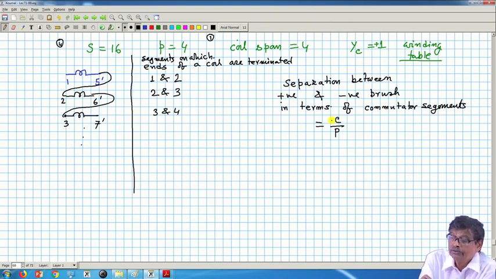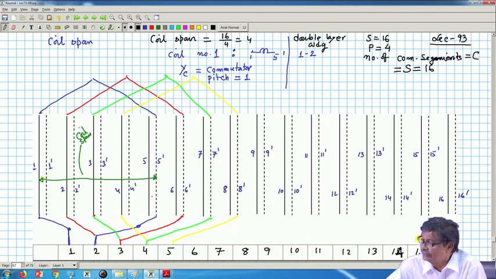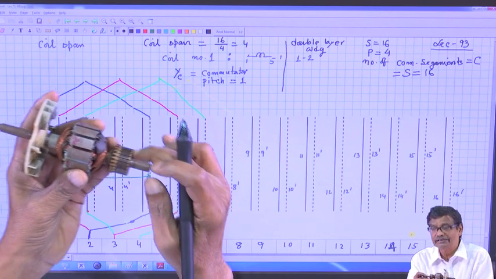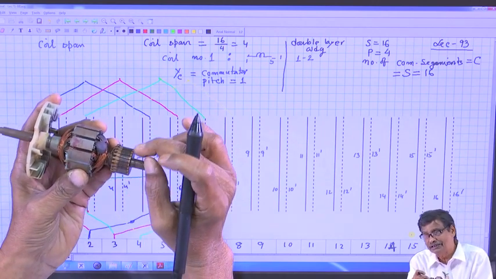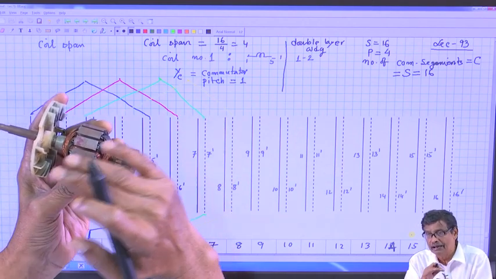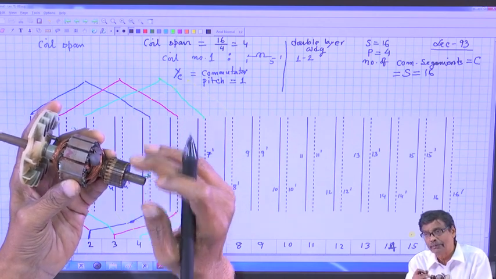So if the positive brush is somewhere here, because it depends upon which are plus and which are minus, we have discussed this earlier. See the earlier notes on the lap winding. In terms of commutator segments, if it is plus here, then after C by P, where P is the number of poles of the machine, that is 360 degrees, so 180 degrees apart it should come.